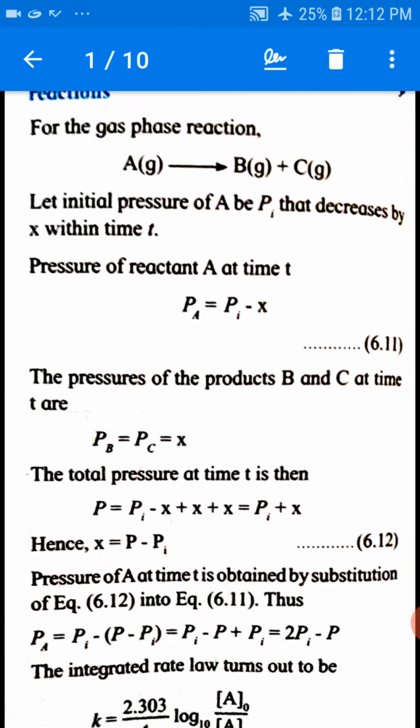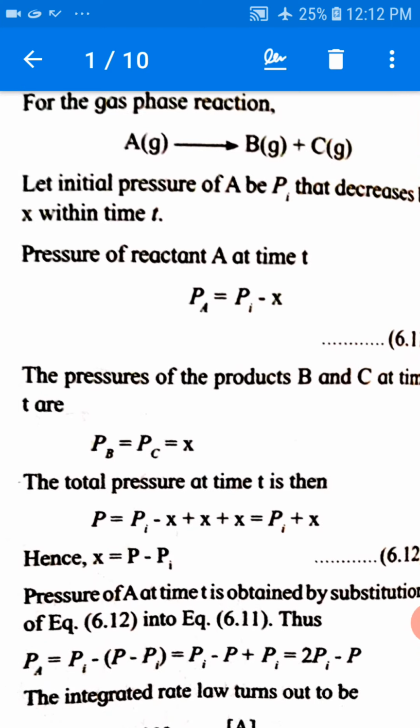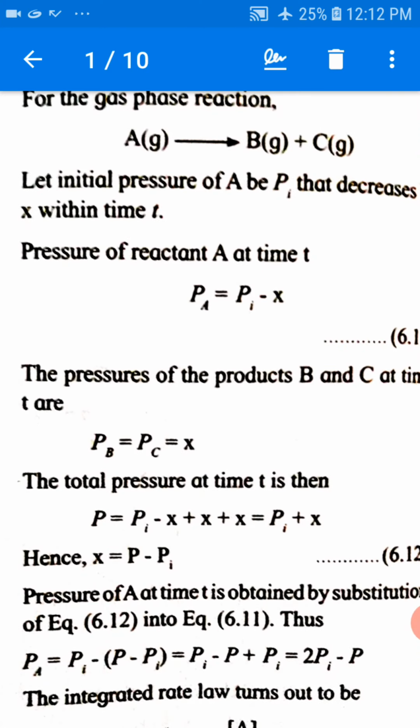The total pressure at time t means the pressure of reactants and products, so Pi minus x, the pressure of A, plus x, the pressure of B and C, and therefore total pressure P equal to Pi plus x. Hence x equal to P minus Pi, that is equation number 6.12.